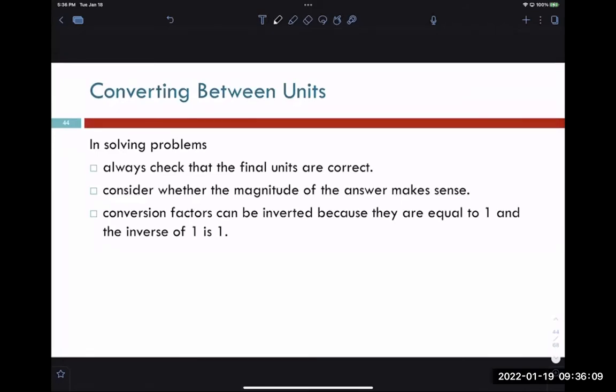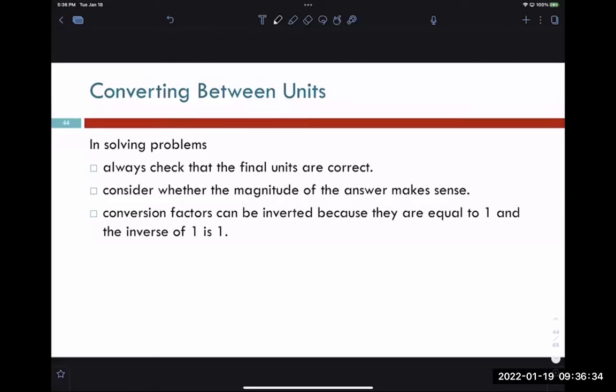Also consider whether the magnitude of the answer makes sense. And at first, for metric units, it's not going to be super easy to remember that a kilometer, being close to a mile, is like 1.6 kilometers per mile. That's a little easier to remember, but centimeters, or decimeters or millimeters, are a little bit harder to remember.